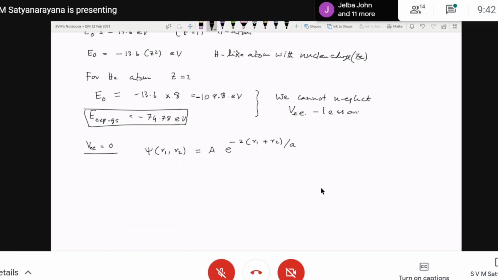So this is basically the hydrogen atom state, psi of R1 and psi of R2. So this is the wave function.